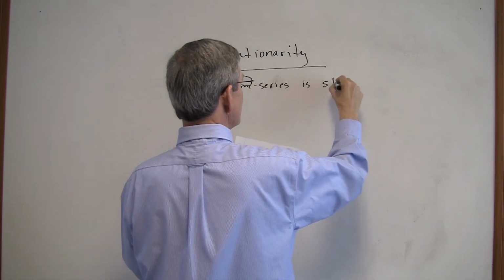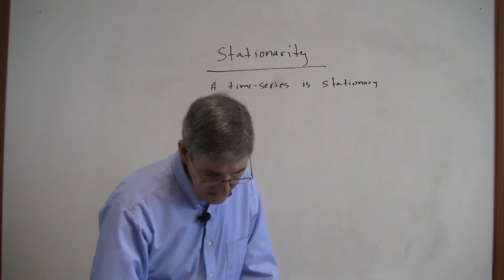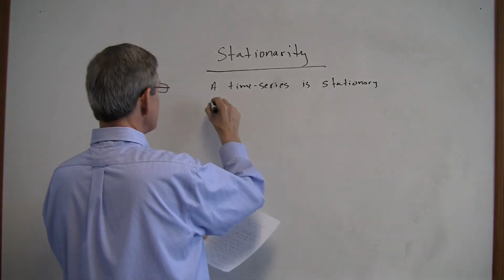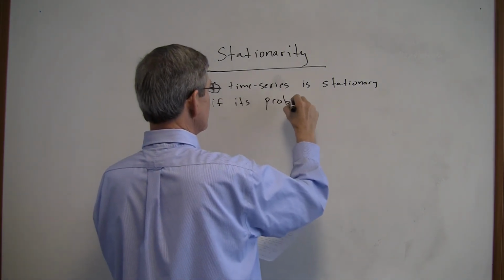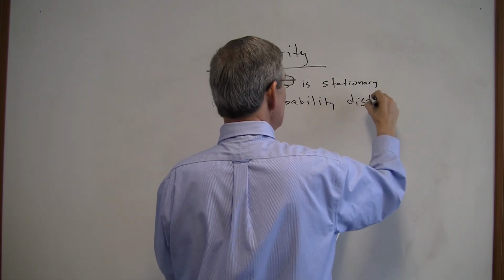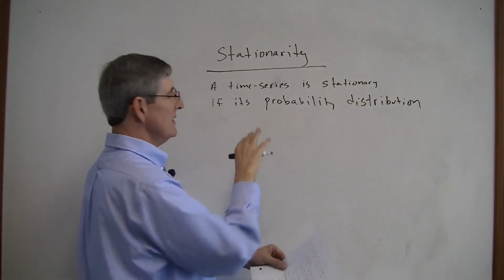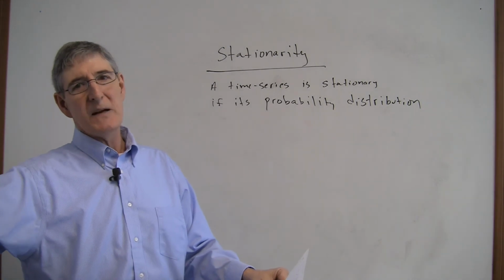So the definition of that: a time series is stationary if its probability distribution, think mean and variance. If it's mean and variance, it also depends on higher moments.